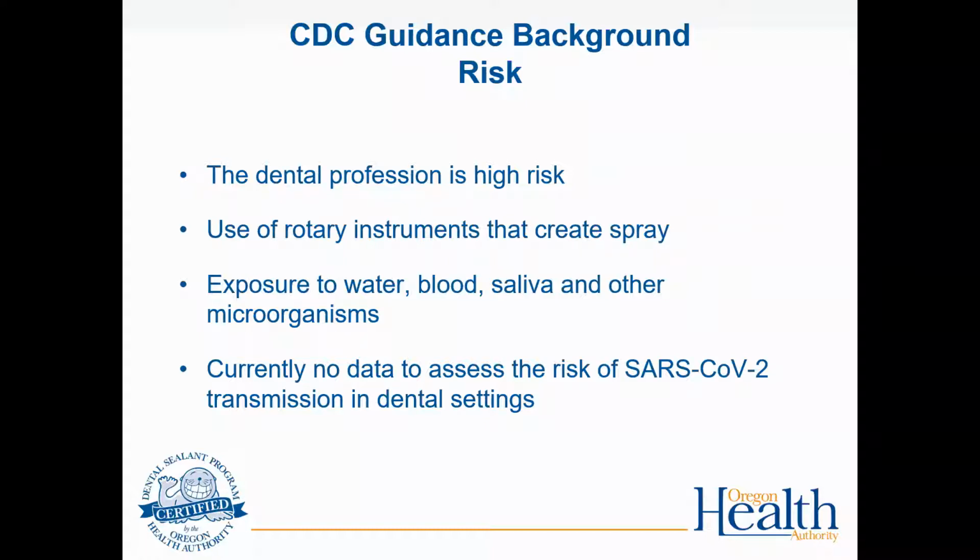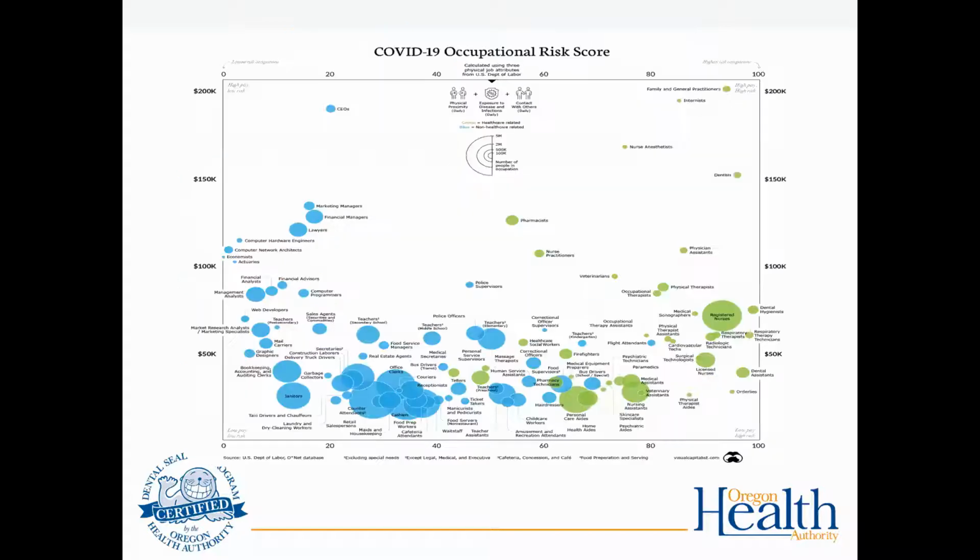For our risk, the dental profession is very high risk. We use rotary instruments and ultrasonics that create spray. And we have exposure to water, blood, saliva, and other microorganisms. And currently there's no data to assess the risk of the virus or virus transmission in dental settings.